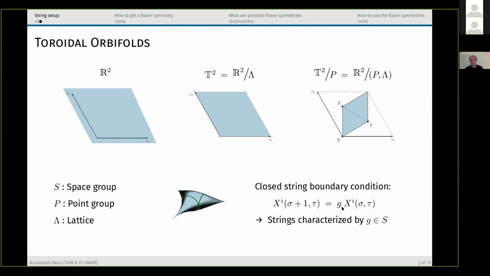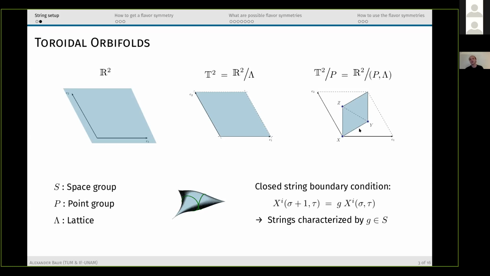So up to G, which is a space group element. And therefore, physically distinct types of strings are characterized by their constructing element G, or better said, one different type corresponds to one conjugacy class of this space group G. So the conjugacy classes of the space group give rise to the different types of strings.